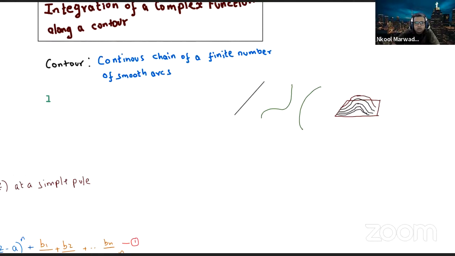If a contour is closed and does not intersect itself, so I have a closed contour which is not intersecting itself, then it is called a closed contour.